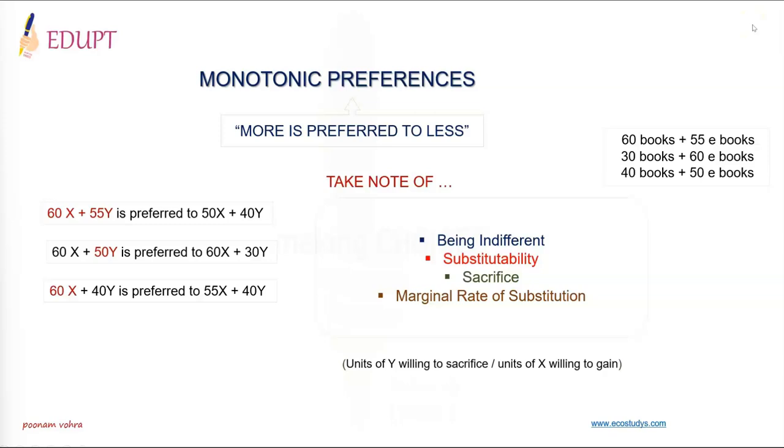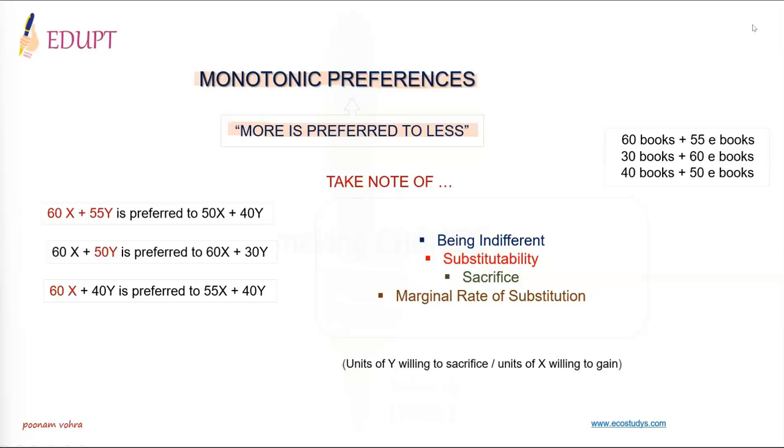For ranking the consumption possibilities in order of preferences, it is assumed that preferences are monotonic preferences. That is, more is preferred to less. The consumer always prefers a consumption possibility to another one which has more of either both the goods or at least more of one good.